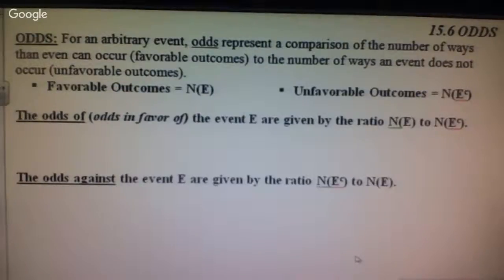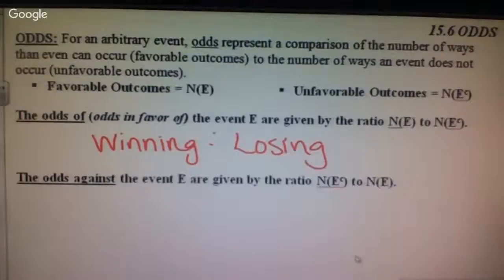Okay? So if they're saying odds of, that means your winning is on the left and your losing is on the right. You need to pay attention to the order, whether they say odds of or odds against.